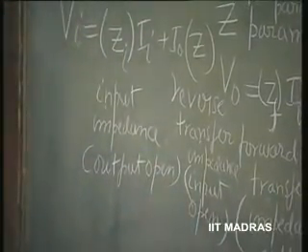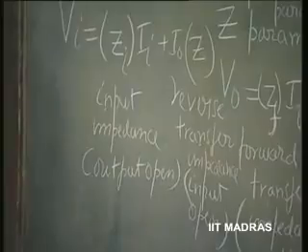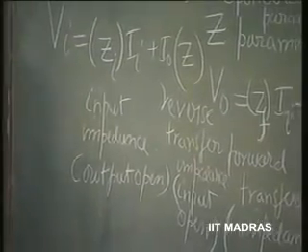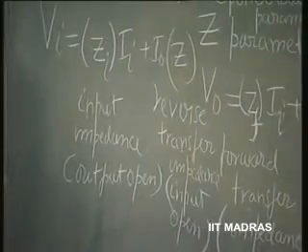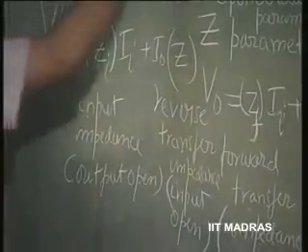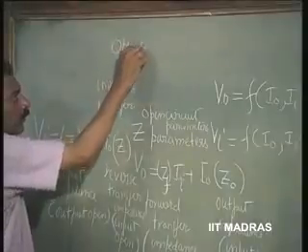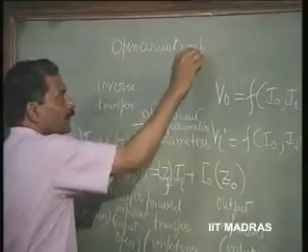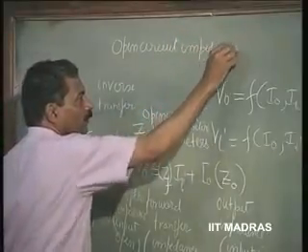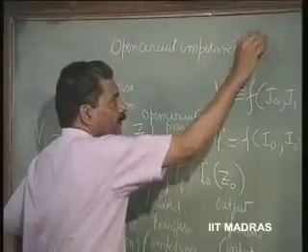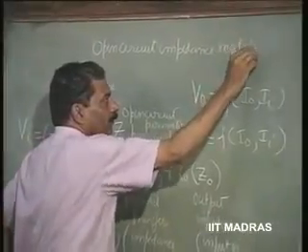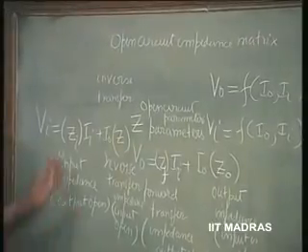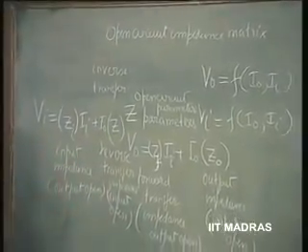Now, this is a complete definition of this block in terms of what is called the open circuit impedance matrix. Where is the matrix? So now this is a linear relationship.